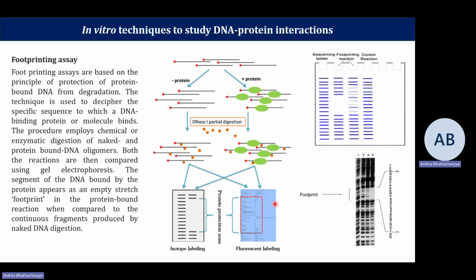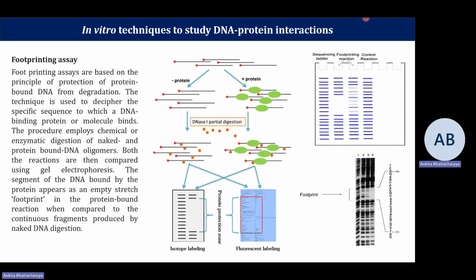However, when there is protection and steric hindrance presented by DNA which is bound to some protein X, then that region remains sealed and inaccessible to the digestive enzyme, and as a result, that region remains undetected and pops up as a footprint of the protein binding to that DNA. So that's what you see here.